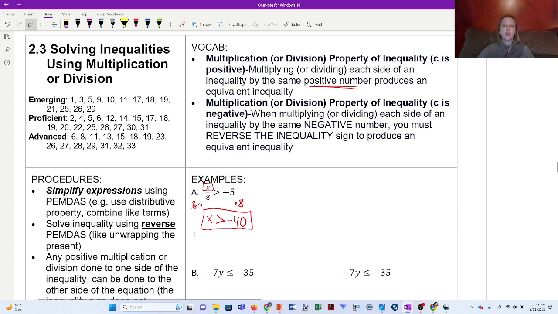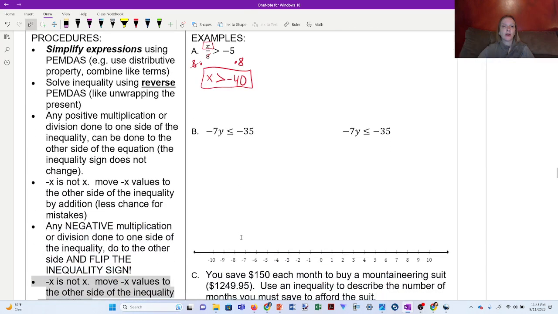So let's look at what happens when we have a negative number that we want to get rid of. First I'm going to approach this using the skills we learned from the last section of the textbook, using addition and subtraction. If I add 7y to both sides of the equation, I cancel out the negative 7y on this side, and I'm left with 0.